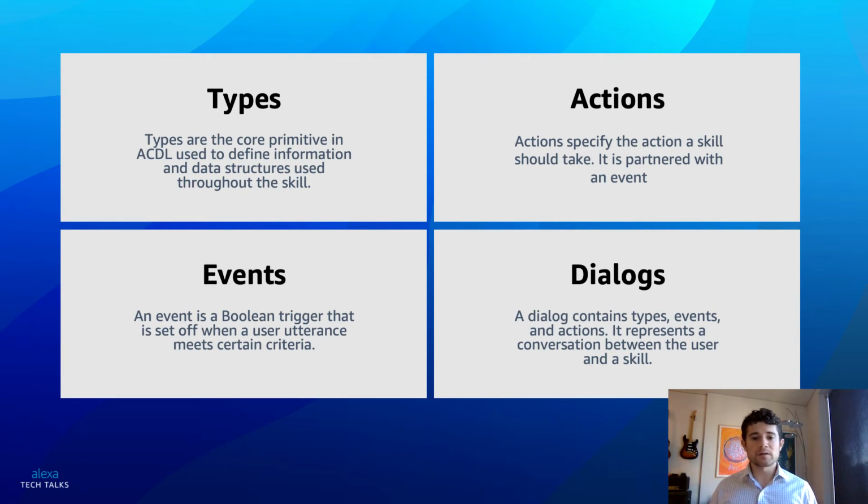Finally, the fourth type of artifact in ACDL is the dialogue. The dialogue, like in the developer console, is the unifying artifact where all of these pieces come together. But of course, it's represented quite differently in ACDL compared to the developer console.